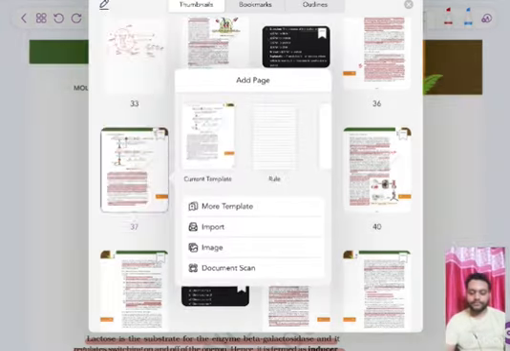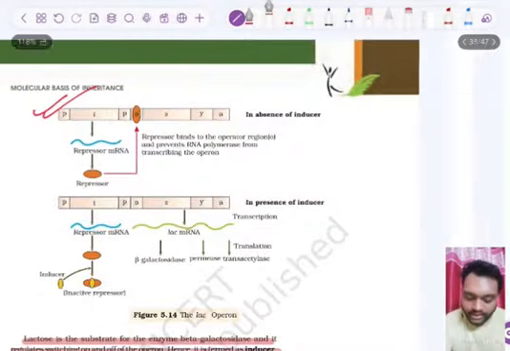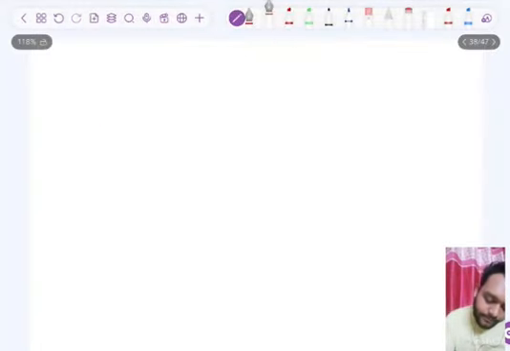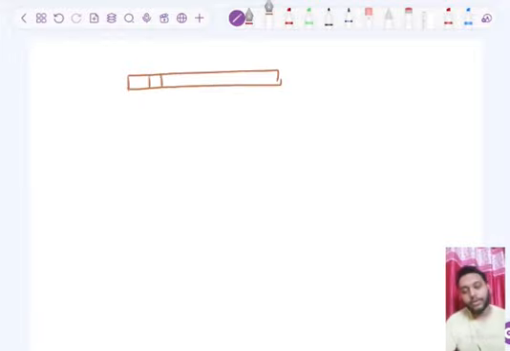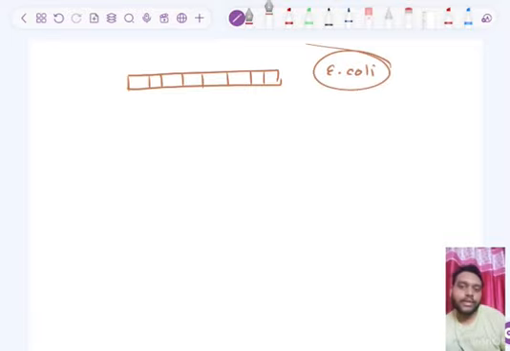Let's do it. What is an operon? An operon is a multi-gene system. There are multiple genes here, like this. So in Escherichia coli, there is a type of operon called the lac operon.